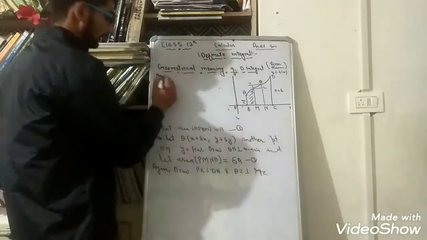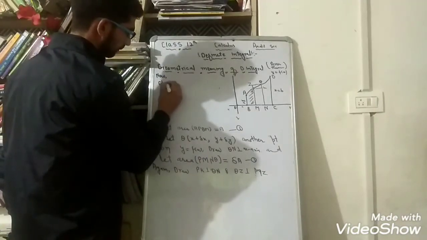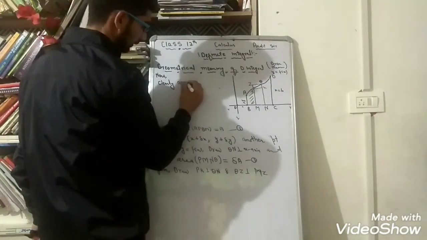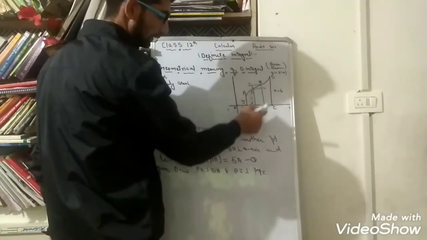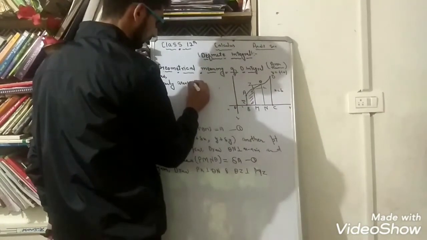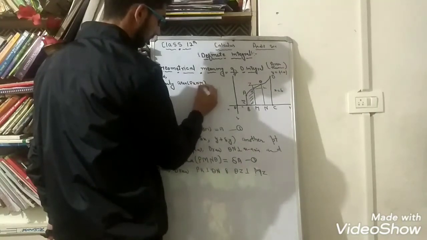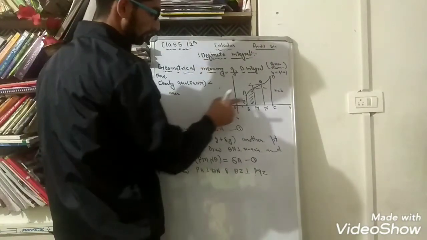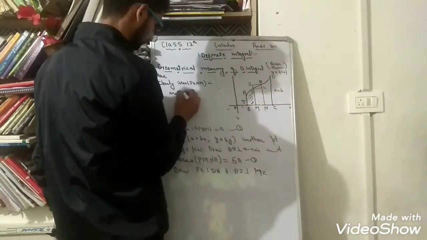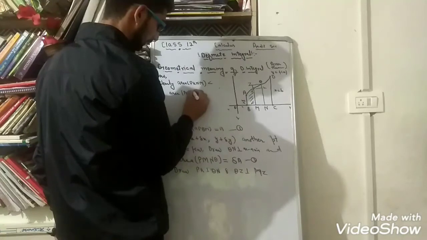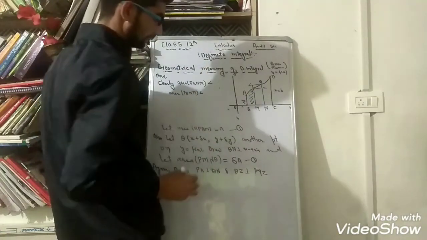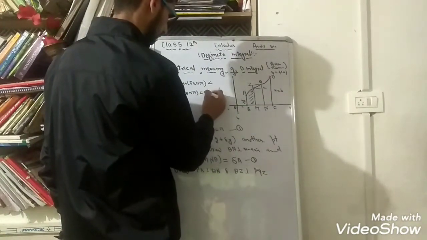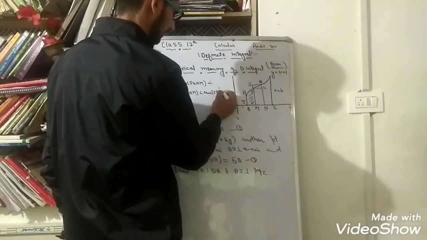So I can say now clearly that the area of PKNM is less than the area of PQNM, which is less than the area of ZMNQ.